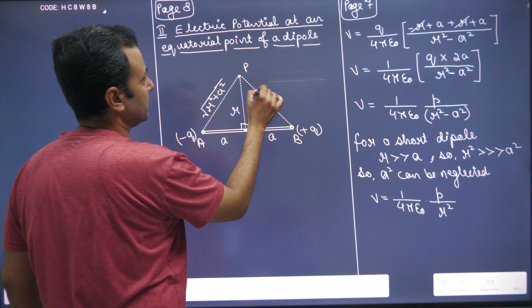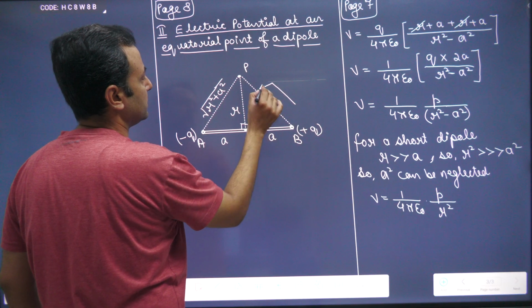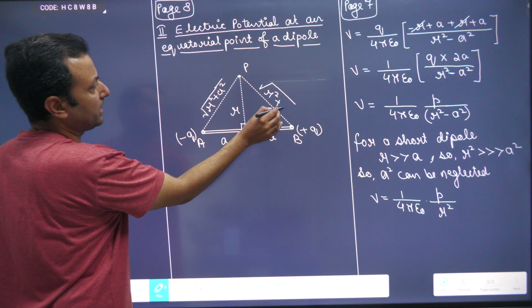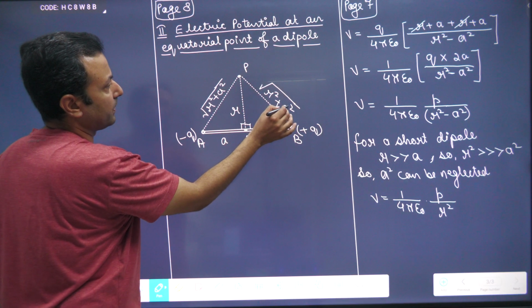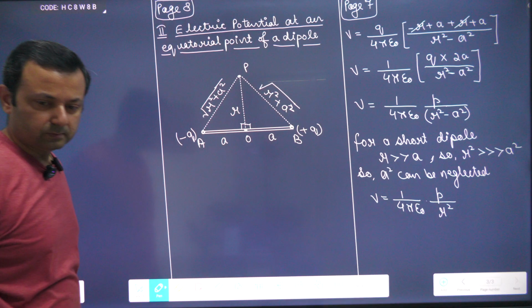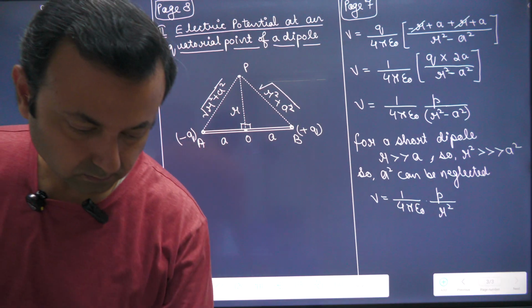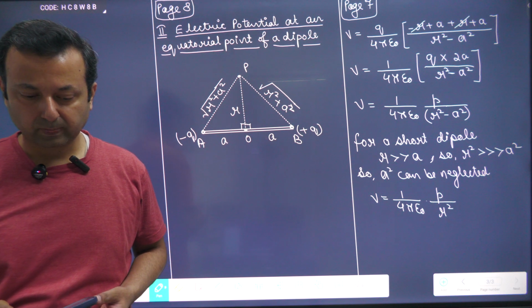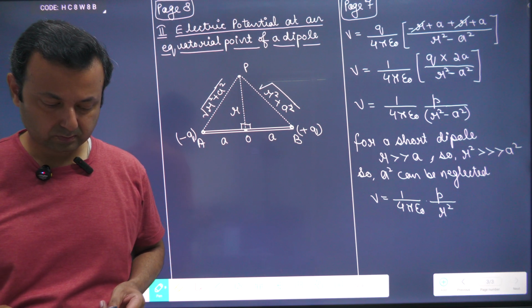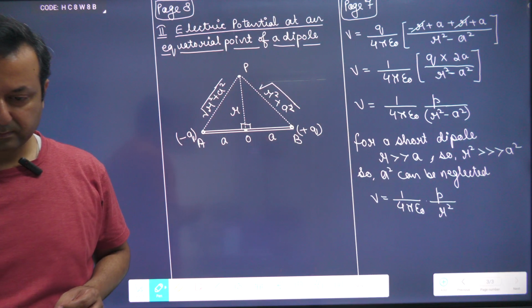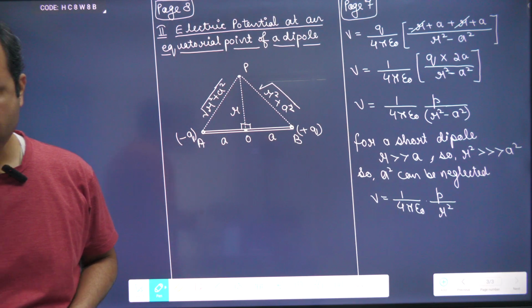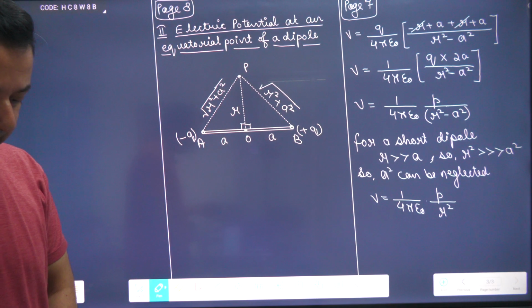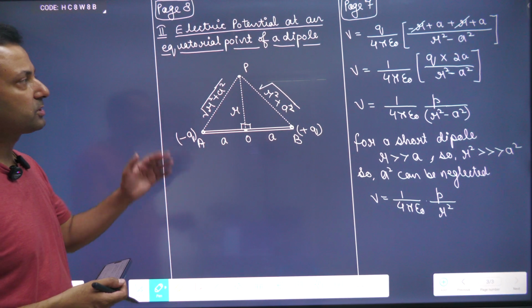In the same way, this distance is also under root r square plus a square. Is the figure clear to you? Yes, sir. Okay.